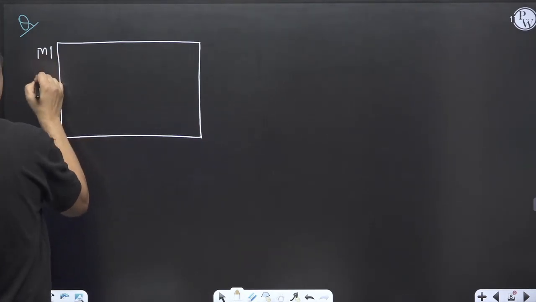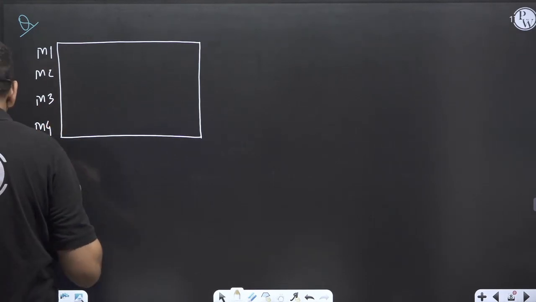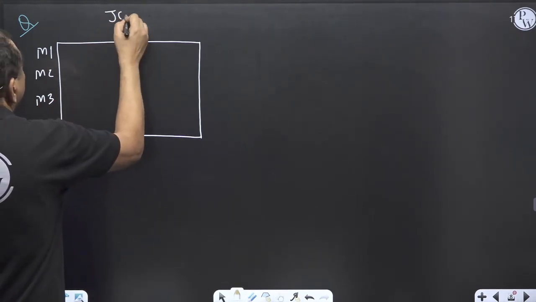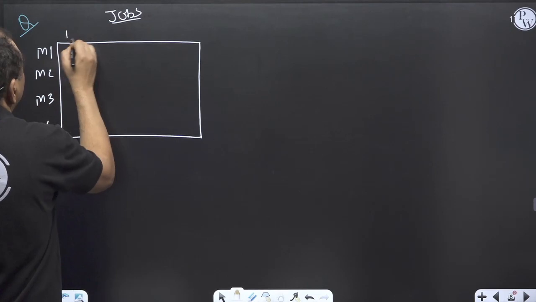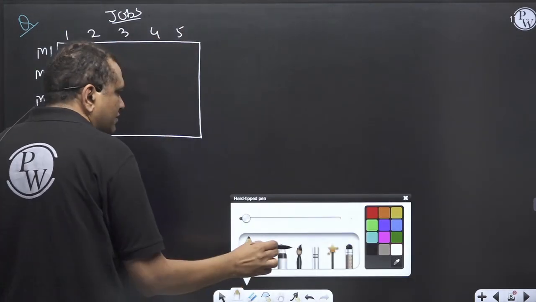Machines M1, M2, M3 and M4. There are 5 jobs: 1, 2, 3, 4, 5.